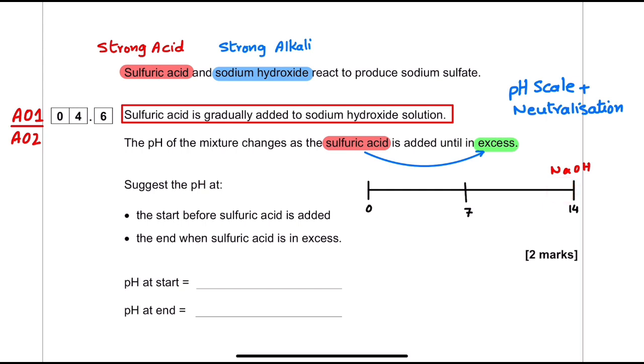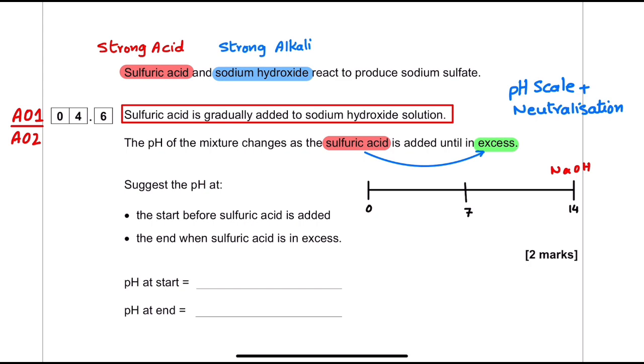Sulfuric acid, on the other hand, is a strong acid, so its range is coming here in the range of 0 to 3. The student can pick any value from 12, 13, or 14 for sodium hydroxide, that is the initial pH, and for the sulfuric acid, when it is in excess, then the pH will be in the range from 0 to 3.